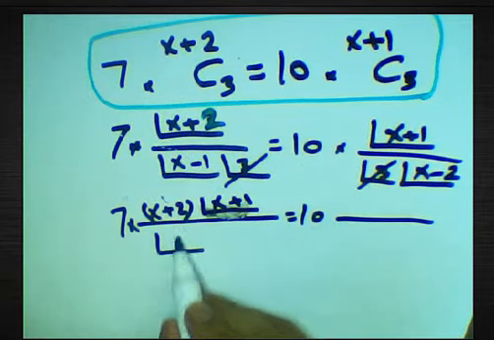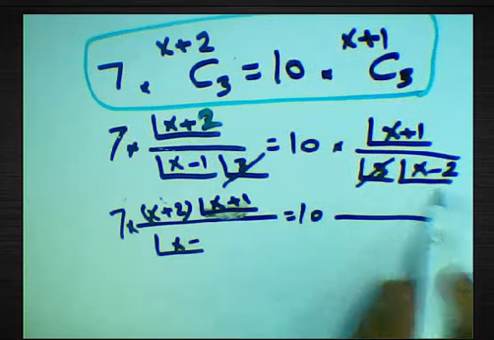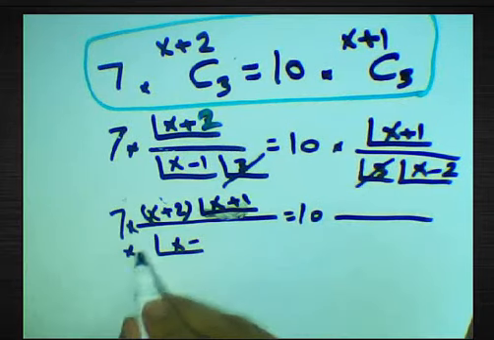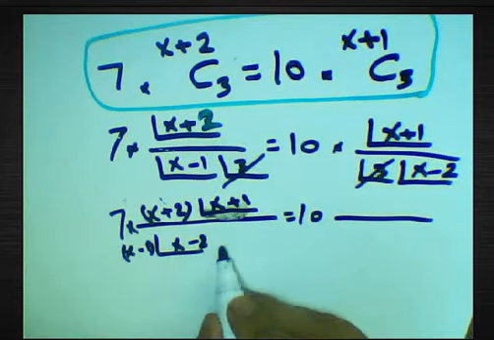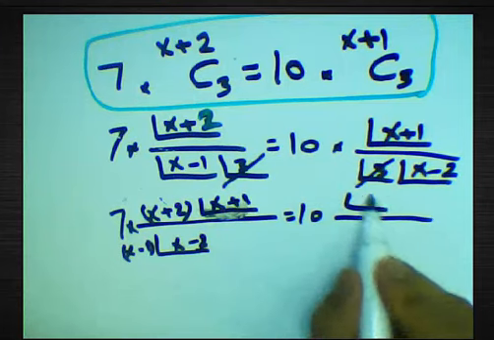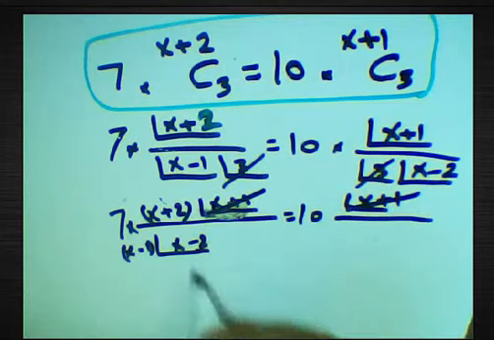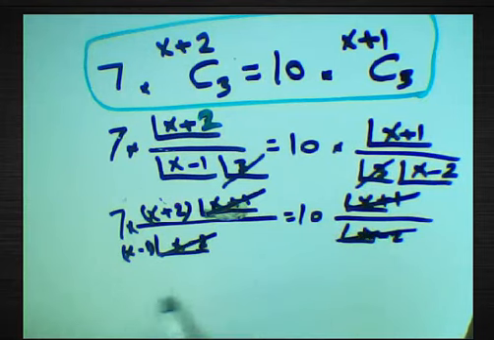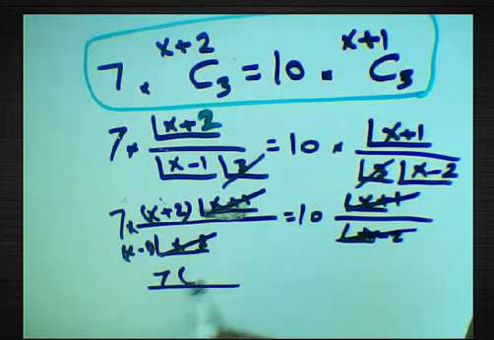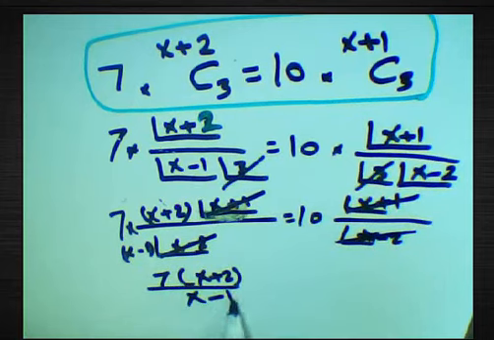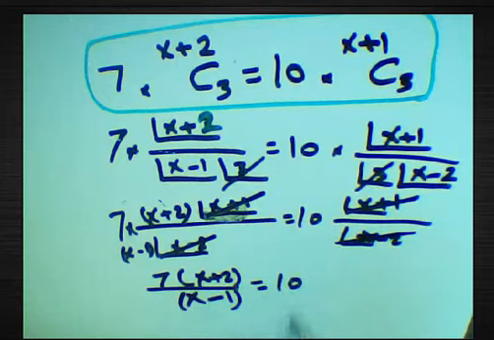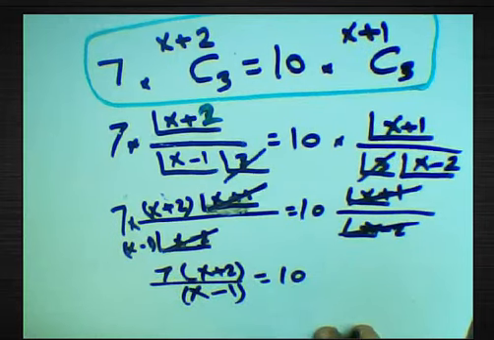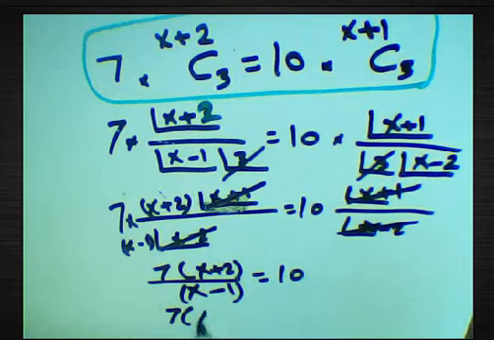And we have here x minus 1 outside to cancel with x minus 2, write x minus 1 outside, and write x minus 2 here, and (x+1) we can cancel, and x minus 2 we can cancel with the numerator. Then 7 multiplied by (x+2) over (x minus 1) equals 10. Then 7 multiplied by (x+2) equals 10 multiplied by (x minus 1).